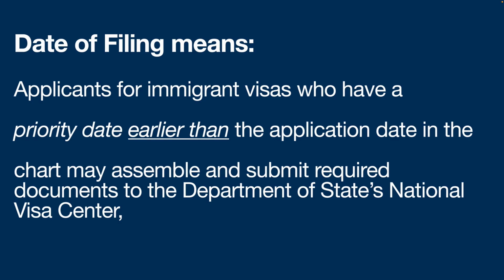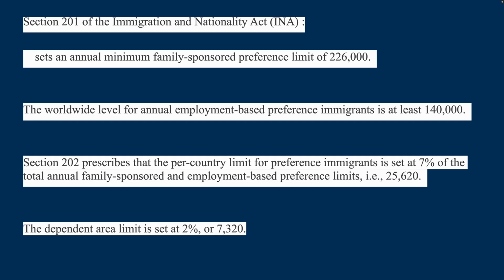Let me remind you that Section 201 of the Immigration and Nationality Act, or INA, sets an annual minimum family-sponsored preference limit of 226,000. The worldwide level for annual employment-based preference immigrants is at least 140,000. Section 202 prescribes that the per-country limit for preference immigrants is set at 7% of the total annual family-sponsored and employment-based preference limits, 25,620.